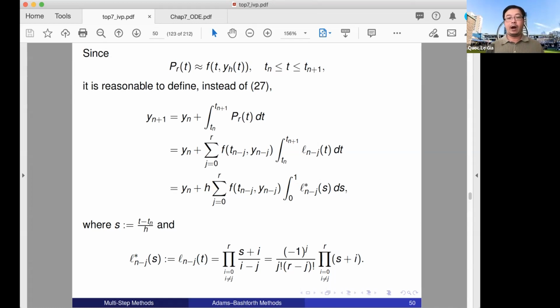Suppose you have r equal to something small, let's check a simple case.